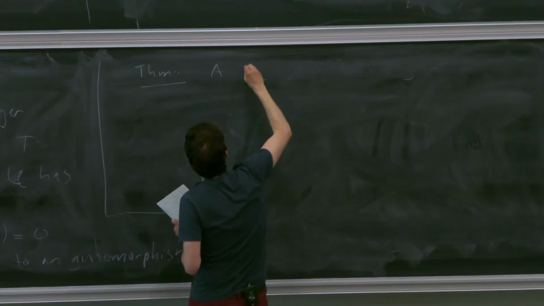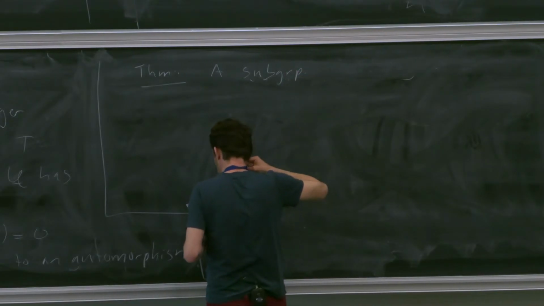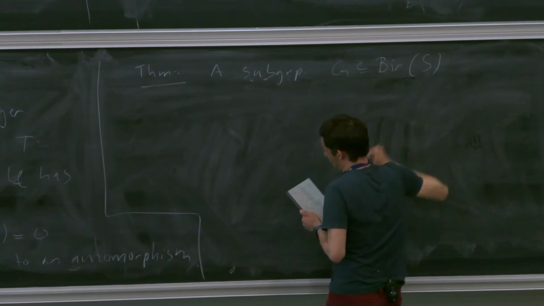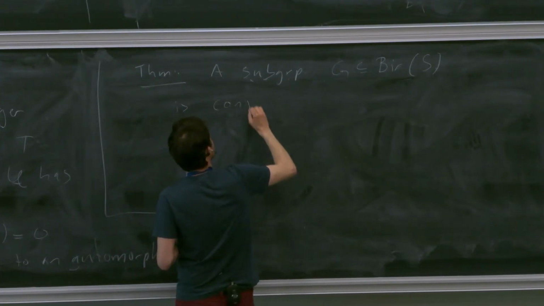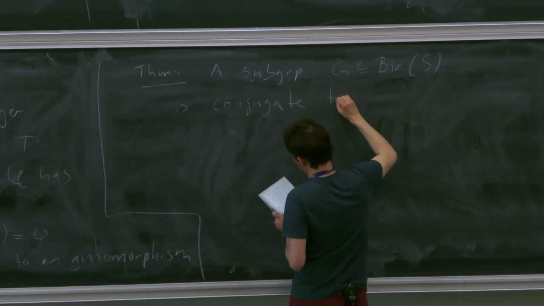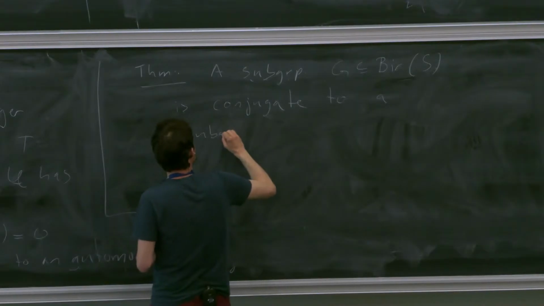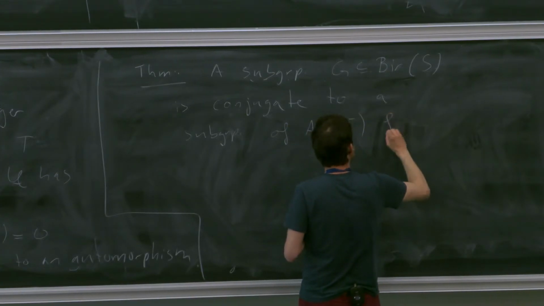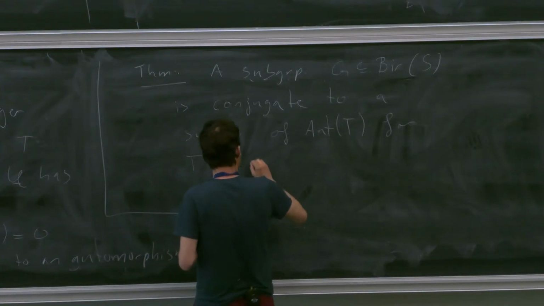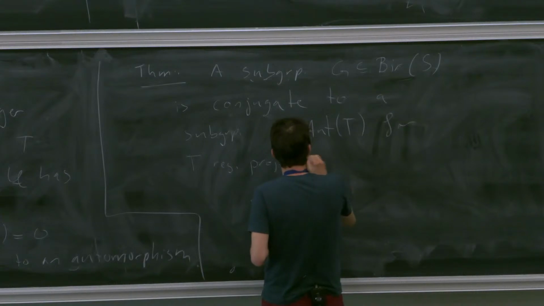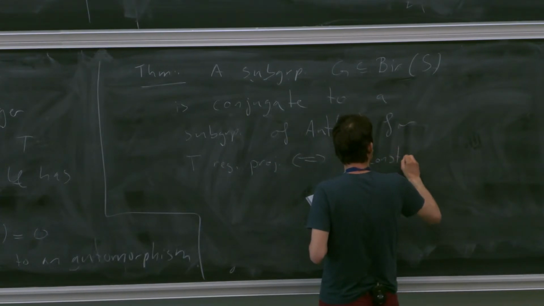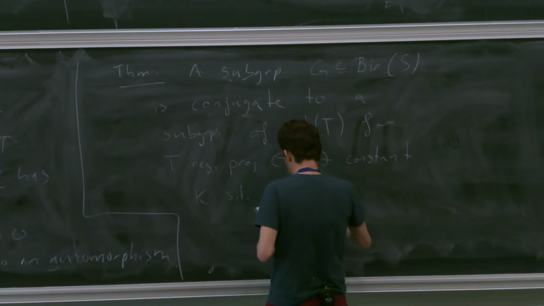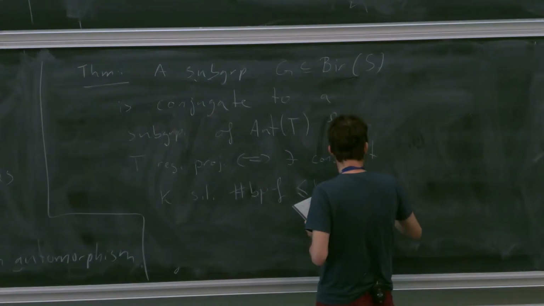We say that a subgroup G of Bir(S) is conjugate to a subgroup of a group of automorphisms of T, a regular projective surface, if and only if there exists a constant k such that the number of base points of f is smaller or equal to k for all f in G.